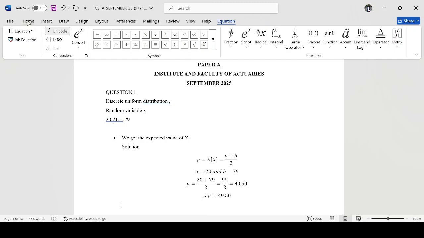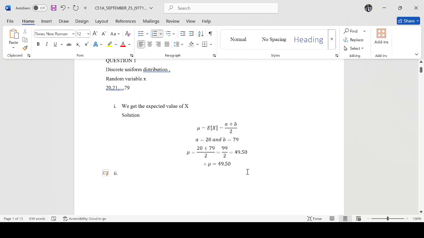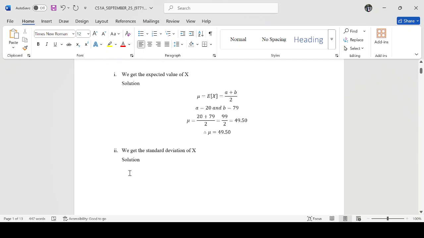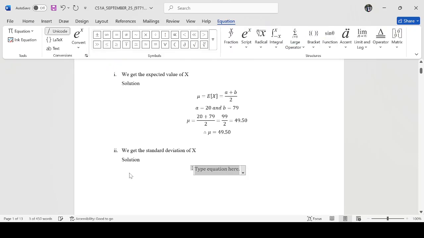When we go to part two, it was telling us to get the standard deviation of x. So we can insert our equation editor. From our statistics, we know very well that the standard deviation is equal to the square root of the variance of x.